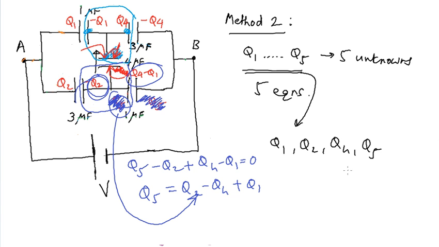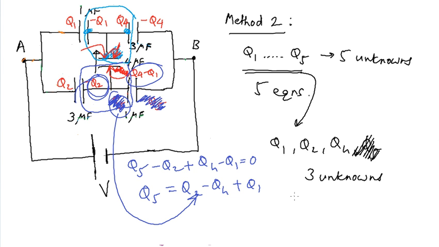Now what that means is Q5 we have got rid of, and we are left with 3 unknowns, just like in method number 1, and we have 3 loops, so we write 3 loop equations and get the 3 unknowns Q1, Q2 and Q4.